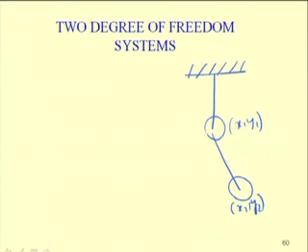So, one can use only 2 variables, that is theta 1 and theta 2, to completely represent the motion of this mass and this mass. So, instead of using x1 y1 and x2 y2, one may use the generalized coordinates theta 1 and theta 2.